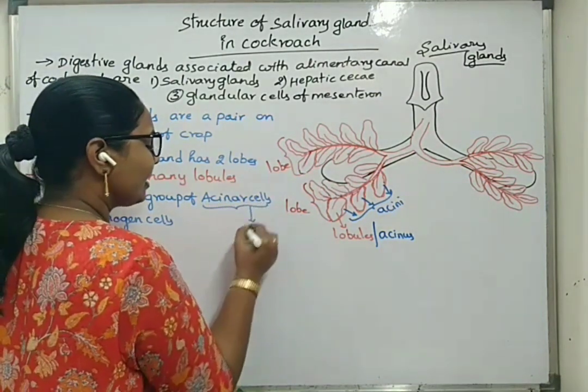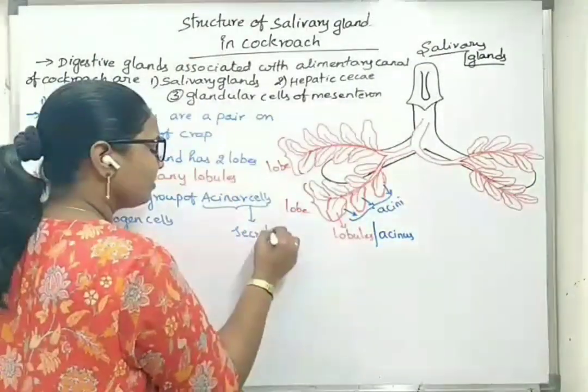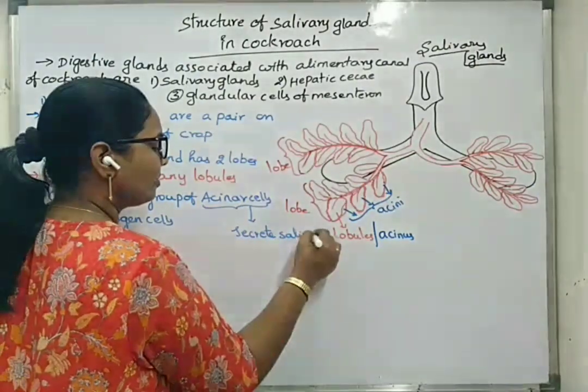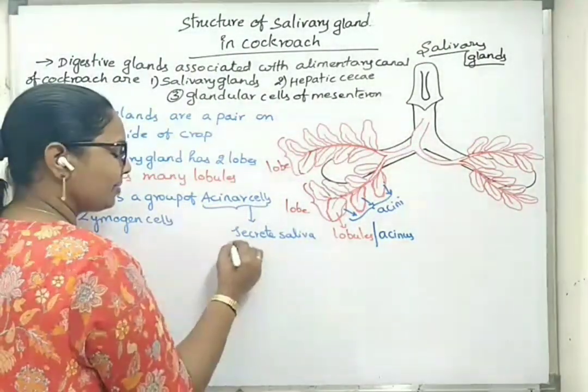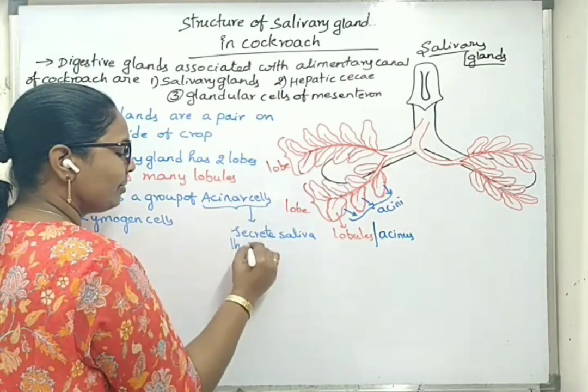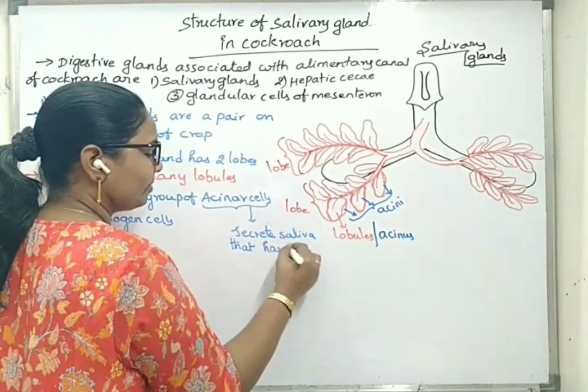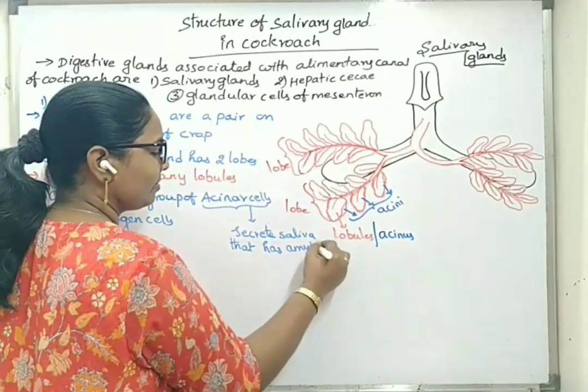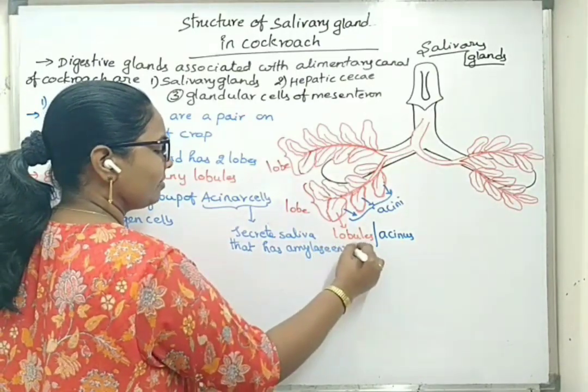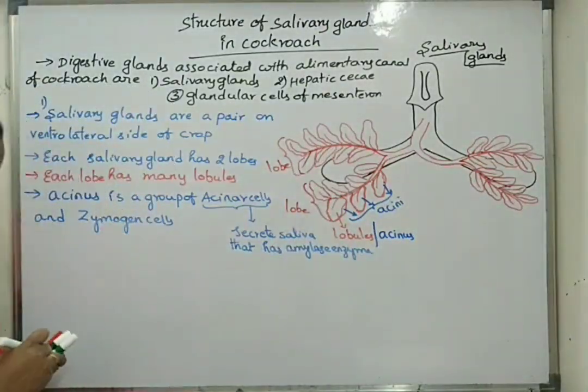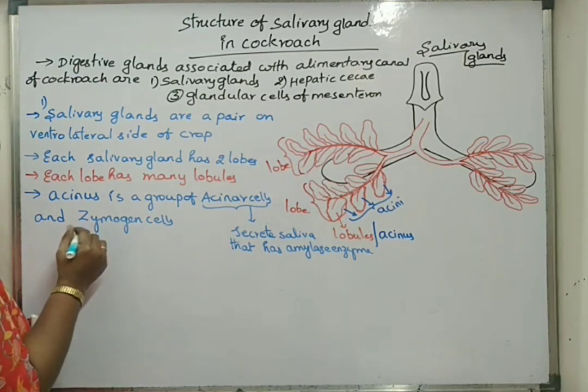Acinar cells, they secrete saliva that has amylase enzyme. Zymogen cells, they secrete the digestive enzymes.